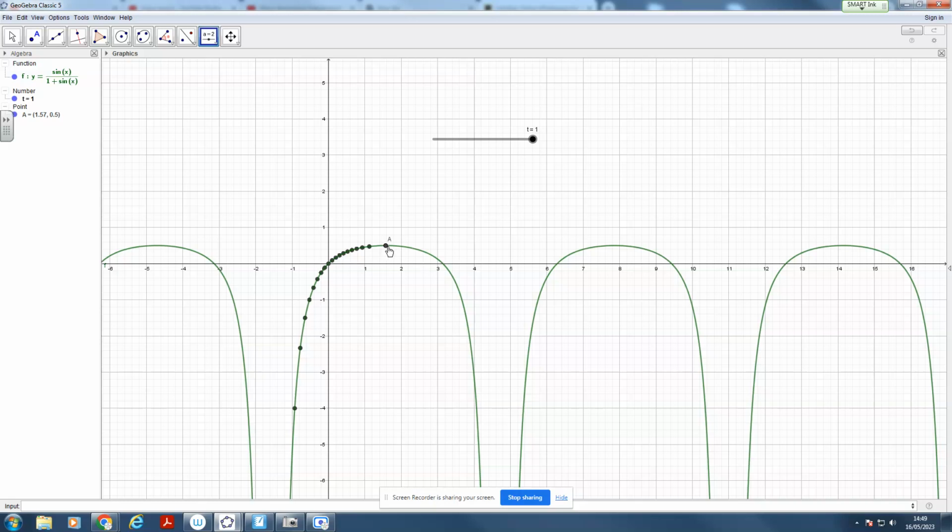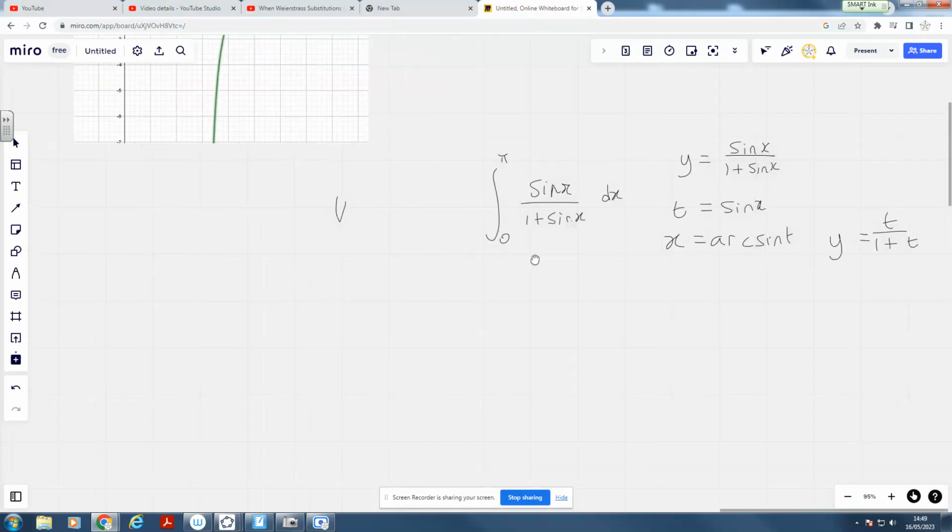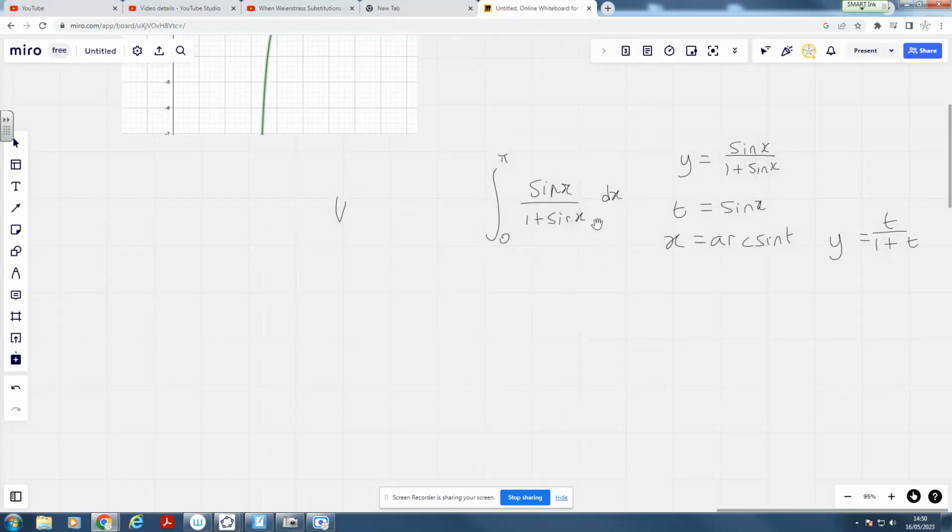You could use the fact, for example, that sine x is sine of pi minus x, which is why you get symmetry here. And I'm sure I've seen an old STEP or MAT question where they get you to prove that this very integral, if you go from 0 to pi/2, by using a clever substitution.